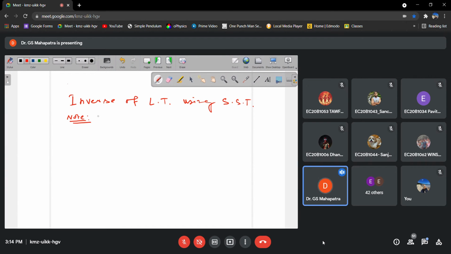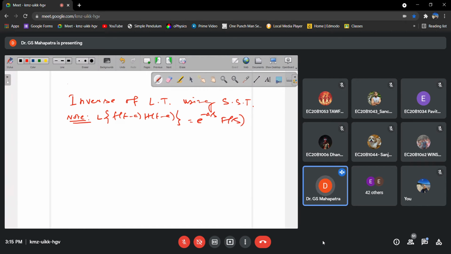First, I will write the Laplace transform of f of t minus a times h of t minus a, which is e to the power minus as times F of s.